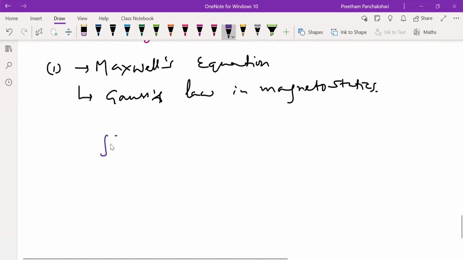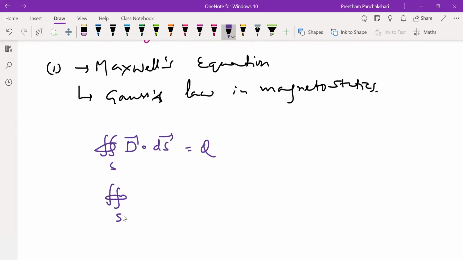In electrostatics, the closed surface integration of electric flux density D is given by Q. But in magnetostatics, the closed surface integration of B is equal to 0. So both are Gauss law. The first one belongs to electrostatics and the second one to magnetostatics.